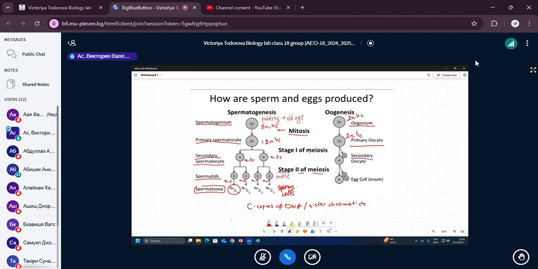At the end of first meiotic division, we have 2 cells, as you can see, and they are haploid with 2 copies of DNA inside, or with 2 sister chromatids inside. And this one is smaller, and we call it polar body. Do you remember this? What is the function of this polar body? Why does this division need these polar bodies?